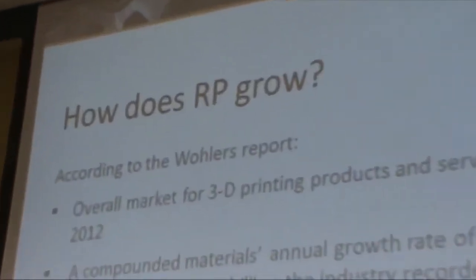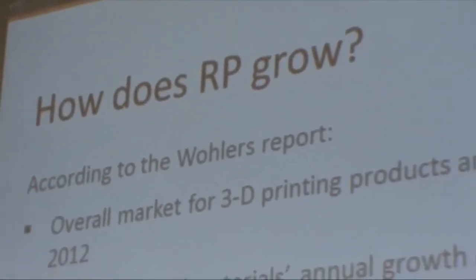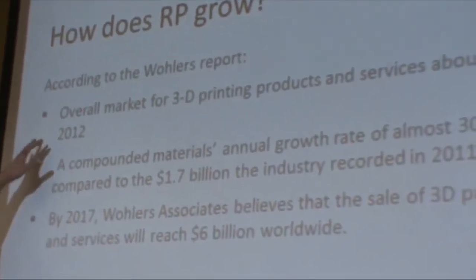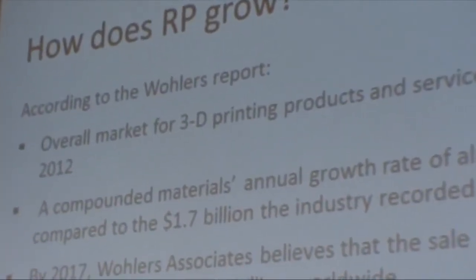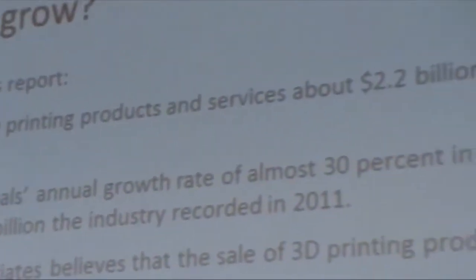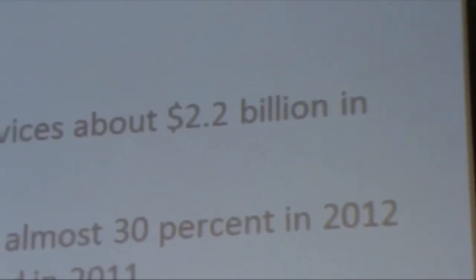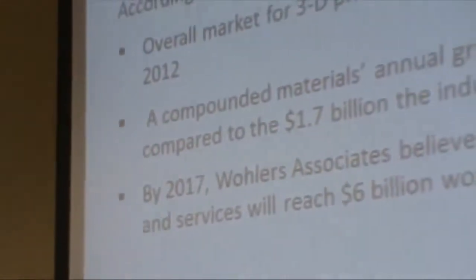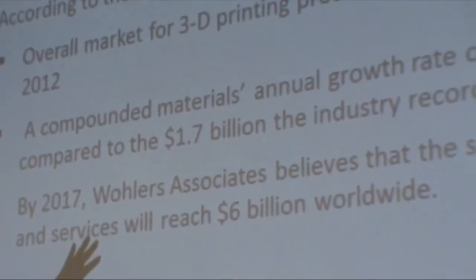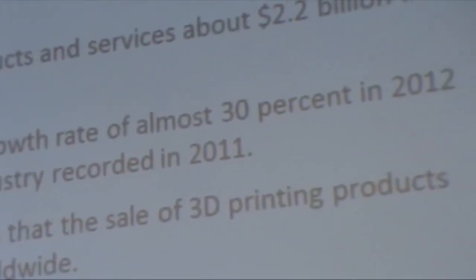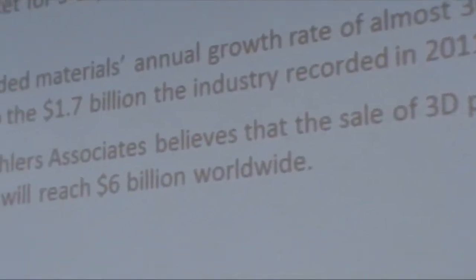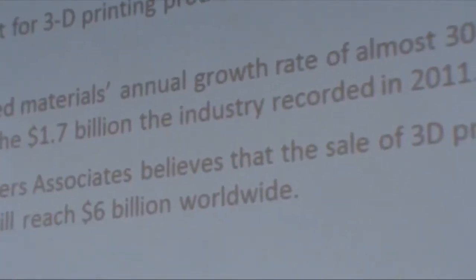Okay, just to take a look at how it grows in the market. According to the Wohlers report, the market for 3D printing products and services is about 2.2 billion worldwide in 2012. And the material used inside the machines grew by 30% from 2011 to 2012, which in 2012 is 1.7 billion.